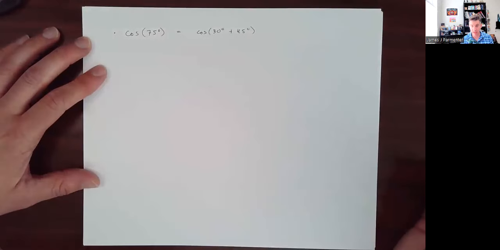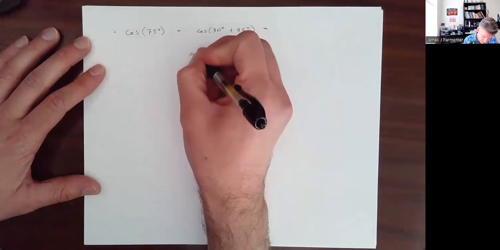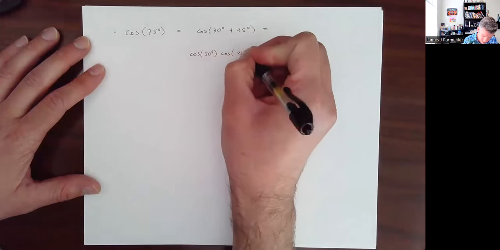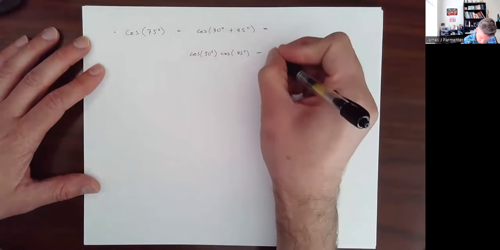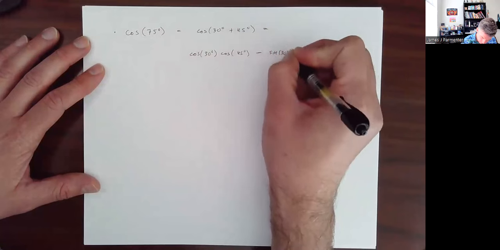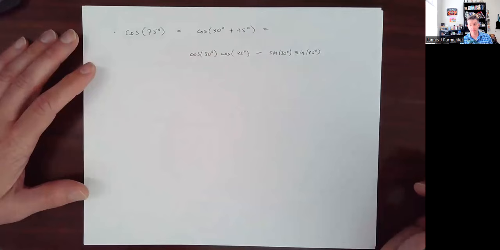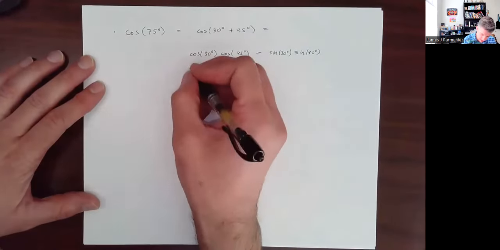And now I can use my angle sum formula for cosine. This is going to equal cosine of the first angle times cosine of the second angle minus, right, because these always change for cosine, sine of the first angle times sine of the second angle. Okay, and then this is where we really need to know our triangles or our unit circle, whichever way you want to do it. Cosine of 30 is √3/2.